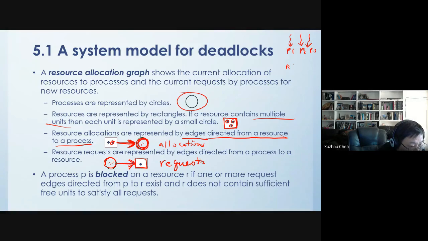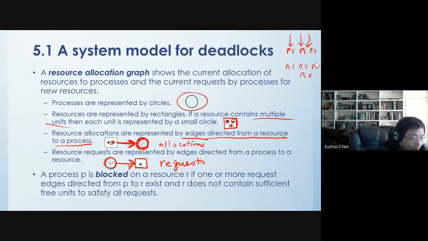Okay, so you have various different resources: resource one, resource two, resource three, resource four. Resource one could be storage, resource two could be memory, resource three could be a printer, and resource four could be a scanner or other devices.